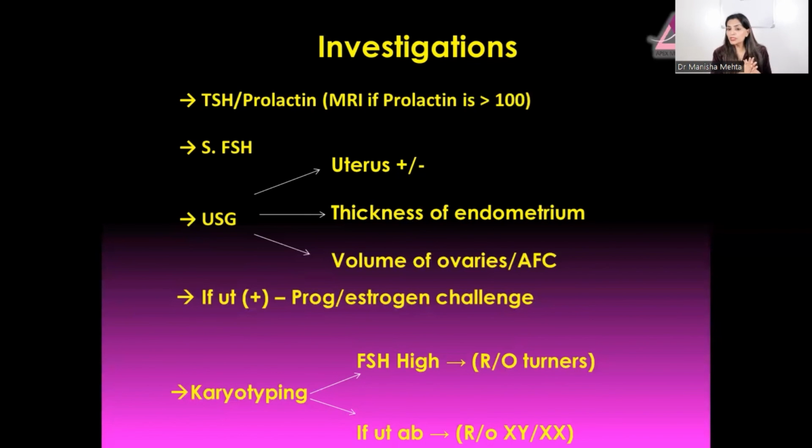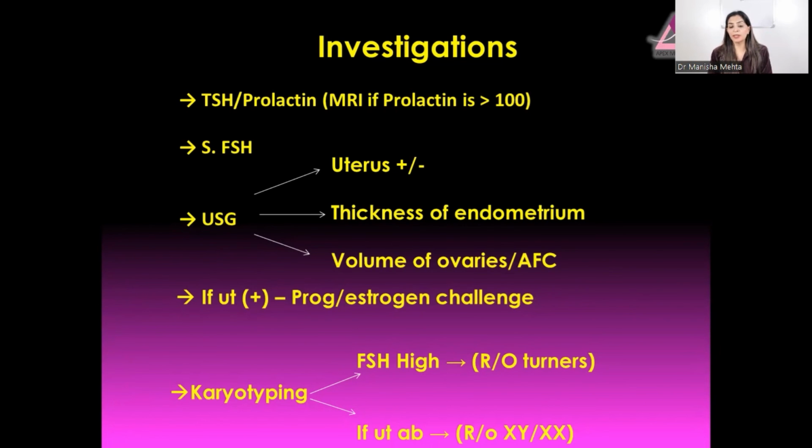So if uterus is present, first you can do a progesterone challenge test, but only do it when you see endometrium. On an ultrasound, the estrogenized endometrium, when you give progesterone, she will have withdrawal bleeding. But suppose if you see no endometrium, then you will have to give her cyclical estrogen and progesterone.